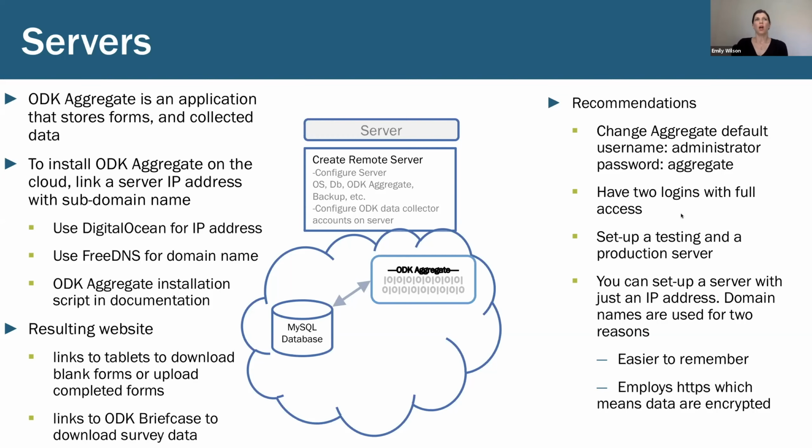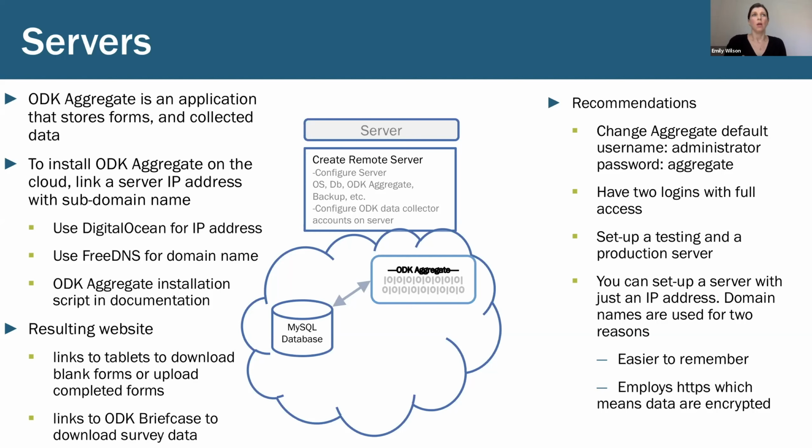We recommend having 2 logins that have full access, just in case somebody forgets their login. We'll set up 2 super users to begin with, and give one just for the administrator and one that goes to the field team or anyone intimately involved in the data collection or analysis.